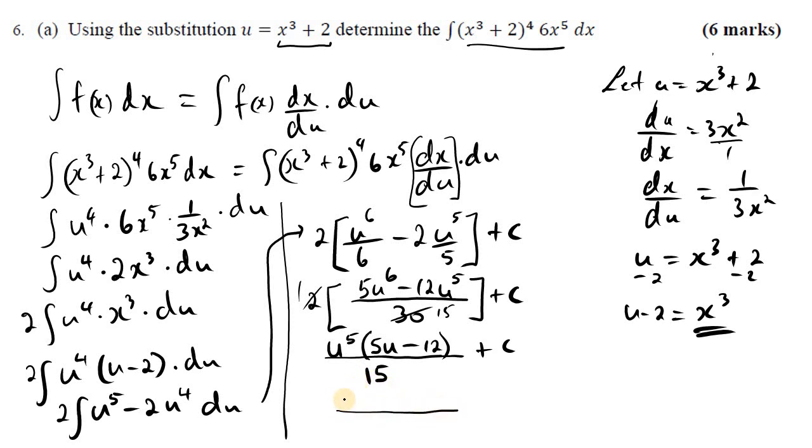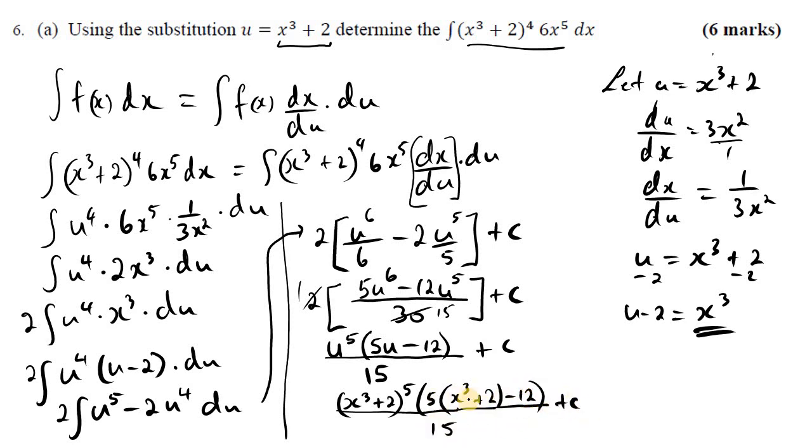I'm going to put x cubed plus 2 raised to the 5th power. Then put, open bracket, 5 times the u, which is x cubed plus 2, then put back the minus 12, all over 15 plus c.